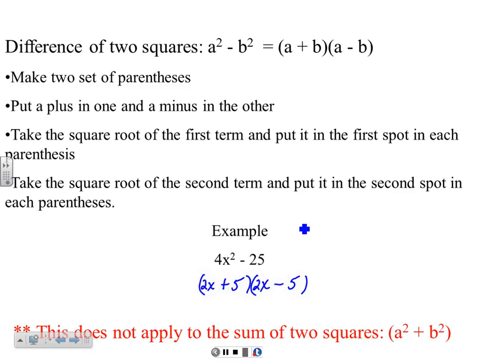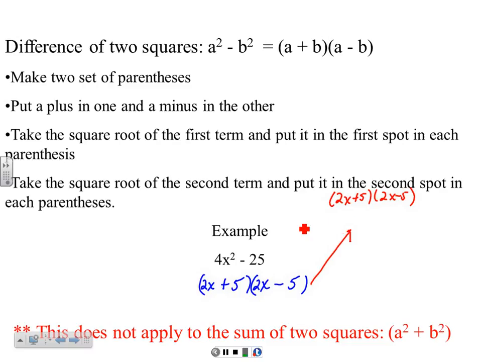Remember, previously, when we were multiplying these things out, I told you to pay attention to these patterns. The pattern that we just did is called a sum and difference. If we had 2x plus 5 times 2x minus 5, that was a sum and difference pattern.